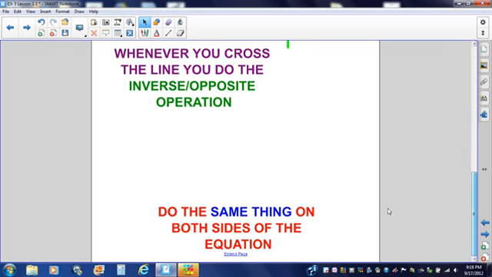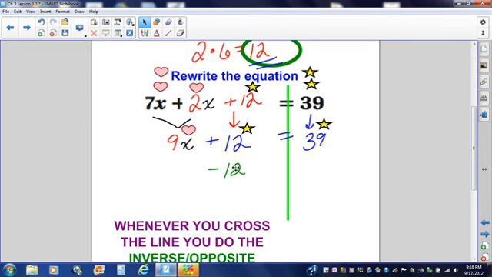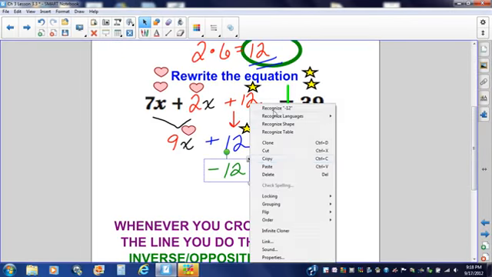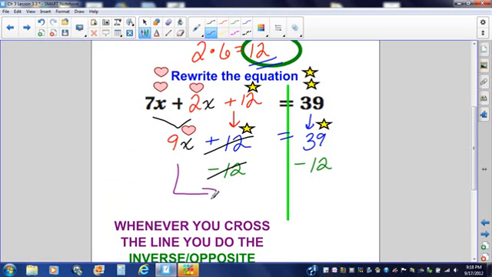Remember in math, you do the same thing on both sides of the equation. So I will write a minus 12 over here. These will cancel, they will give you 0, or you can cross them out. So I'm left with 9x equals, when I do 39 minus 12, that should give me 27.